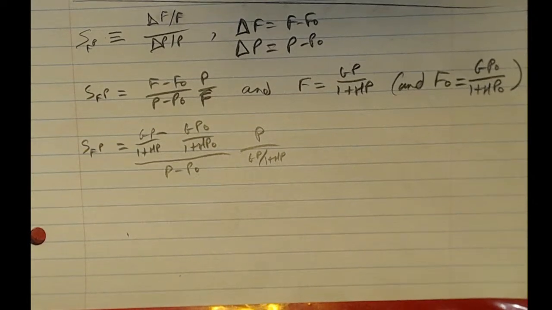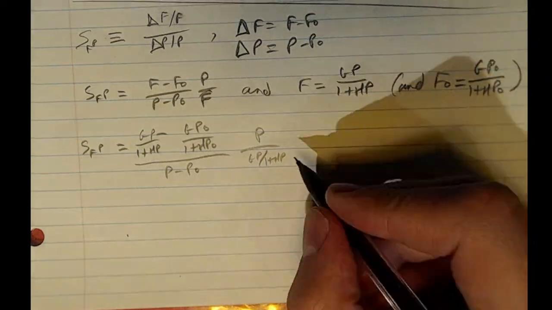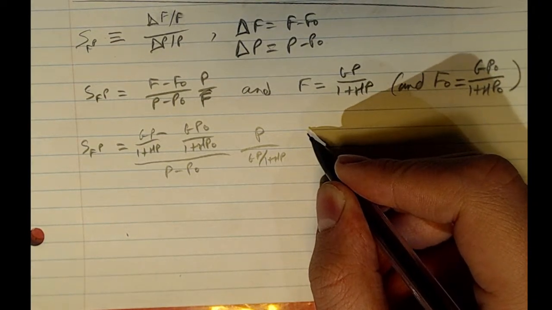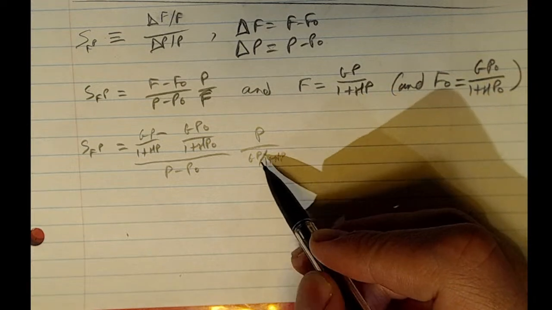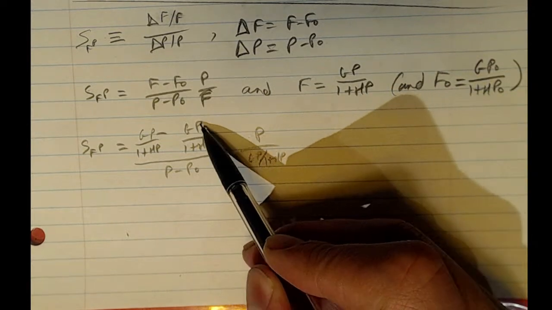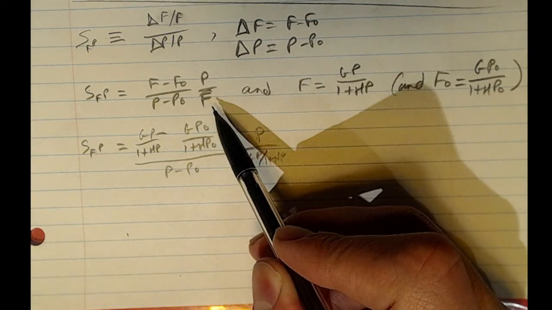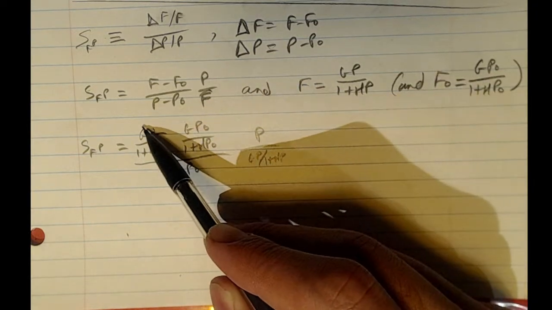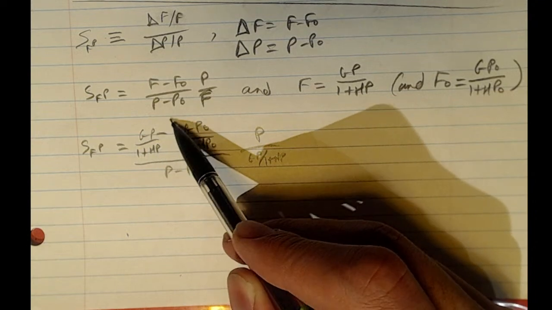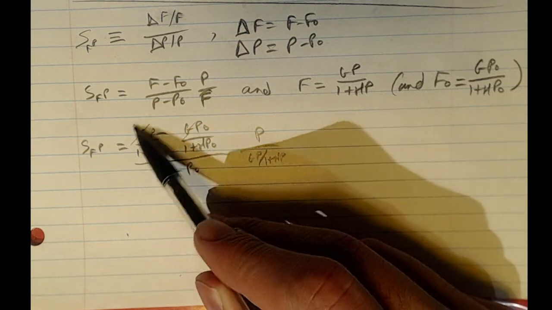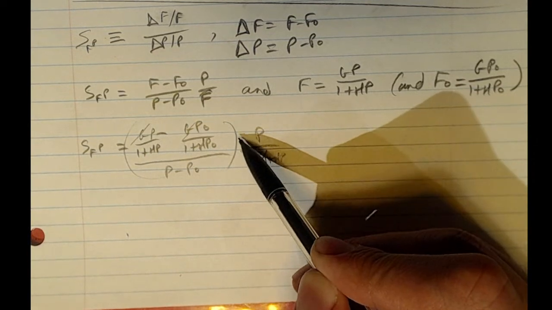Okay, we can factor out a G. Oh, the G actually goes away, right? Because we can factor out a G from this first term by doing this.